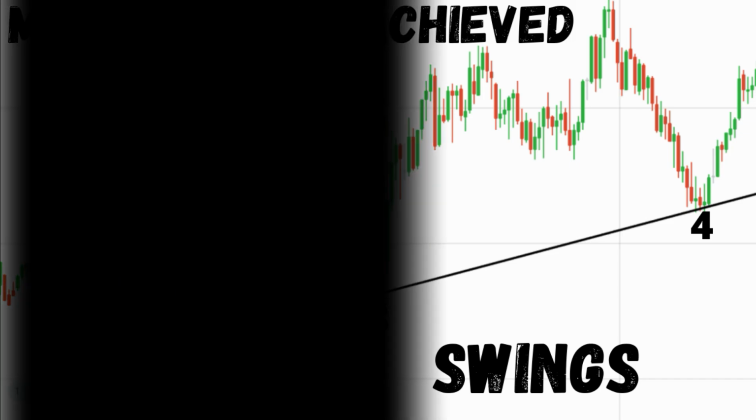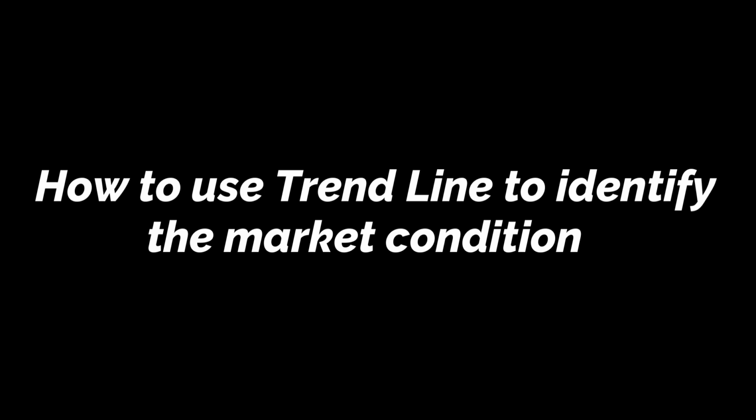It's that simple. How to use a trend line to identify the market condition. All you need to do is draw your trend line and ask yourself, is the trend line pointing higher or lower? If it is higher, then the market is in an uptrend and vice versa. But that's not all. A trend line can also alert you when market conditions are changing.